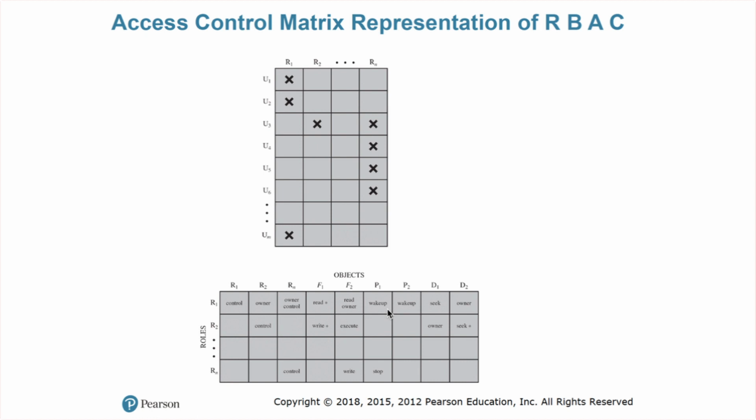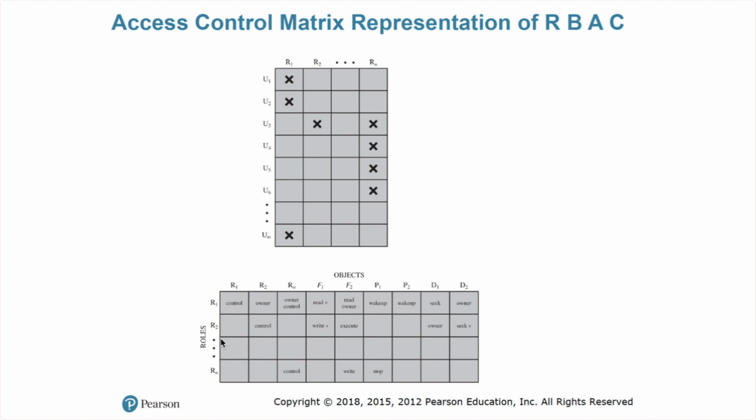You can compare this type of table with the DAC based access matrix. The only difference that you see here is the roles. In the first column, users or subjects are replaced with the roles. So then that means, where will the user go? That's the next thing.